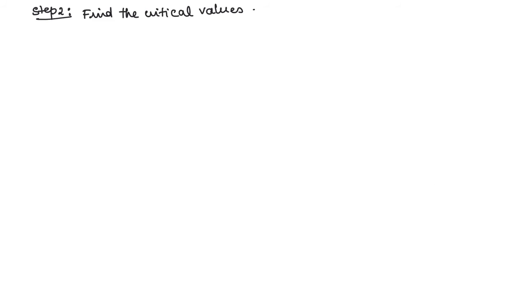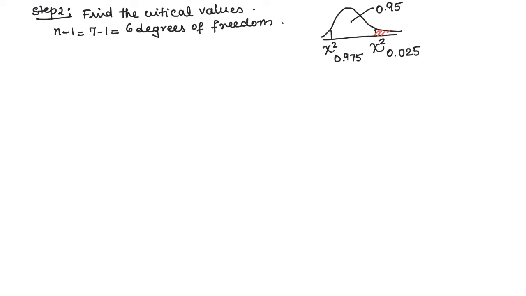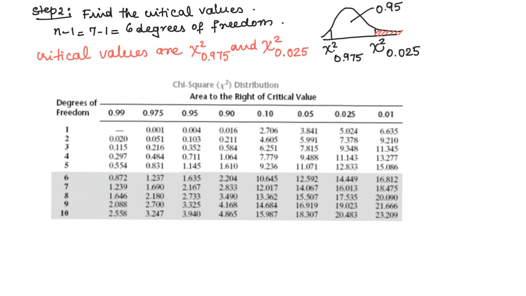So do not round the middle answer, round the final answer only. So I rounded the sample variance S square only. Step 2, find the critical values. We have n minus 1, that is 7 minus 1 equals 6 degrees of freedom. Since the confidence level is 95%, the critical values are in the chi-square distribution table. Look at the degrees of freedom 6 and the column correspond to 0.975 and 0.025.